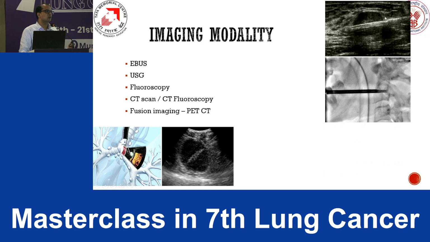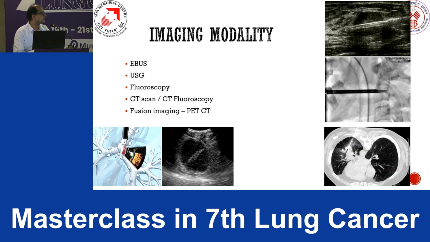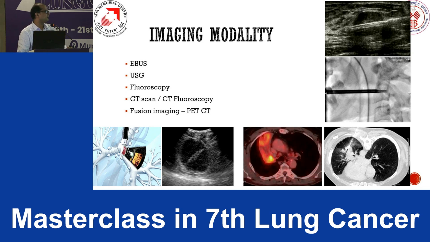Third, for metastatic workup, when we see a lytic lesion in the C1 C2 junction, that is fluoroscopy guided biopsy, because we need real time imaging, as we are close to vital structures and the cord, which is much better seen on fluoroscopy. And CT fluoroscopy, obviously, for the primary as well as metastatic lung lesions. And fusion guided biopsy when we are looking at the PET CT scan, and we try to focus on the area which is PET avid and not the other part.